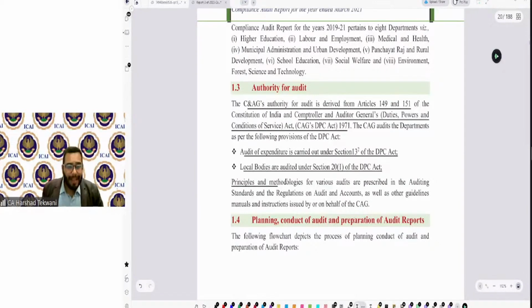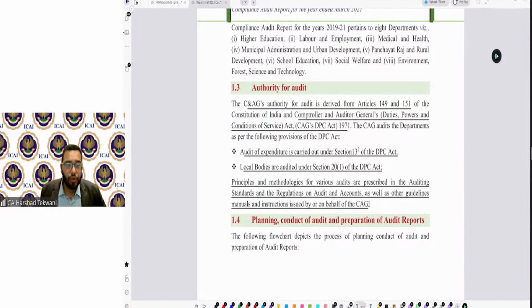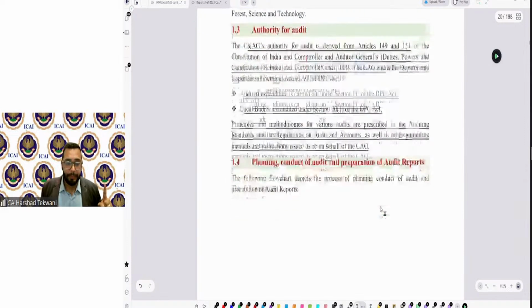The principles and methodologies for various audits are prescribed in the auditing standards and the regulations on audit and accounts, as well as other guidelines, manuals and instructions issued by or on behalf of CAG. So the auditing standards and regulations on audit are issued by CAG and are required to be followed while auditing.